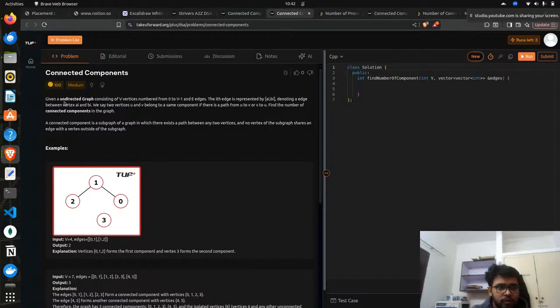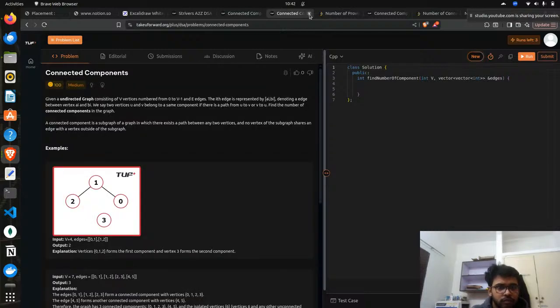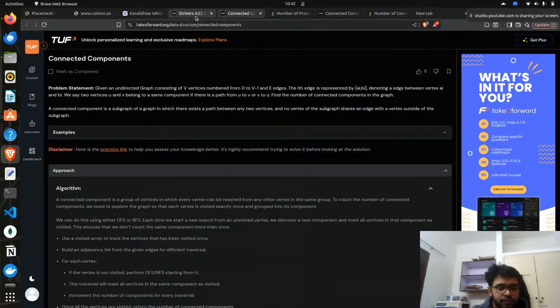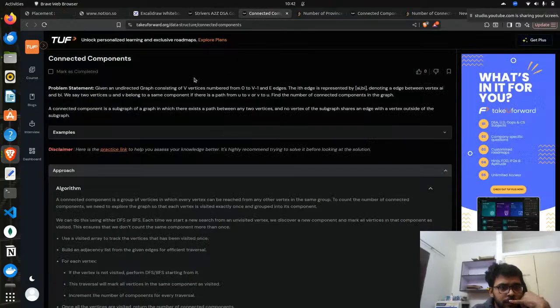For the vertices V, the edges are given as A i, B i. I think both questions are the same. Connected components in matrix. Both questions are the same, but I don't think so.